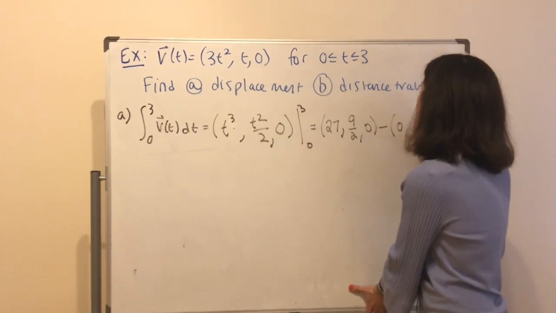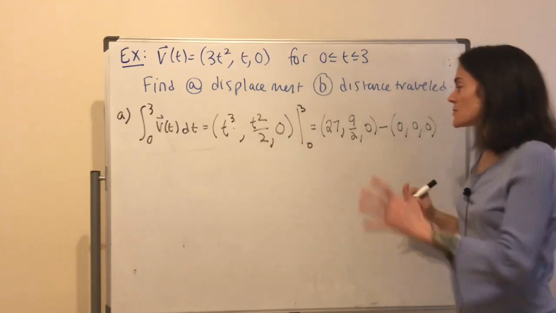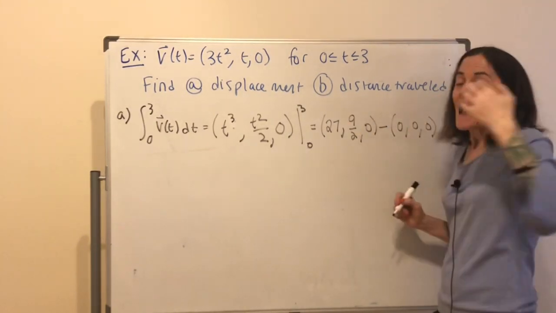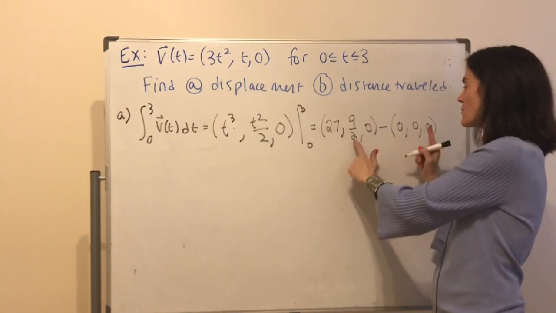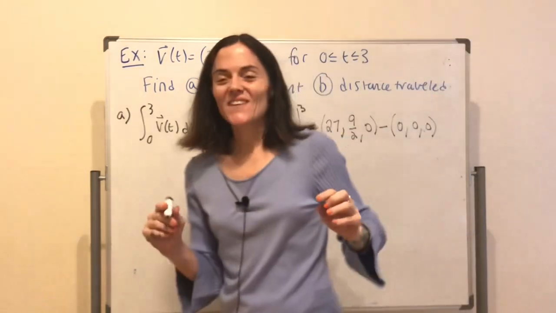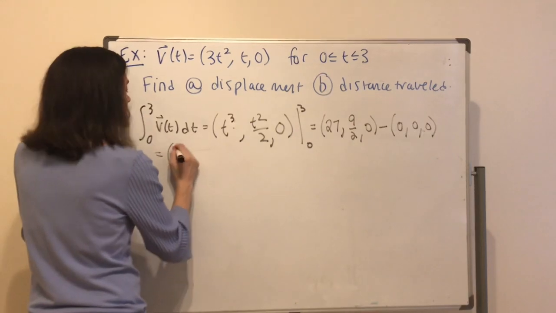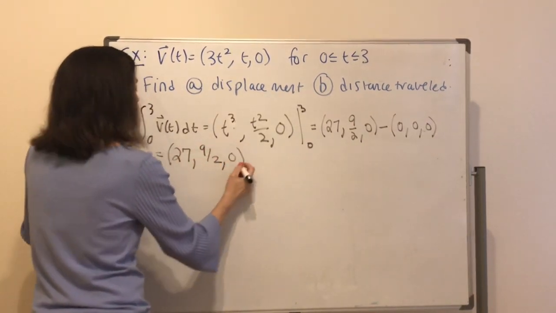Well, in this case, we get 0 at the lower limit of integration, but I still wanted to show it, to show the steps. And then how we would subtract these two vectors, we would just say 27 minus 0, 9/2 minus 0, 0 minus 0, like this. And we have our answer. So the answer here is just 27, 9 over 2, and 0.